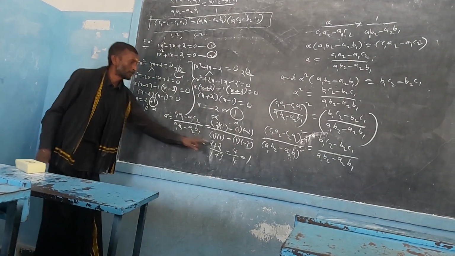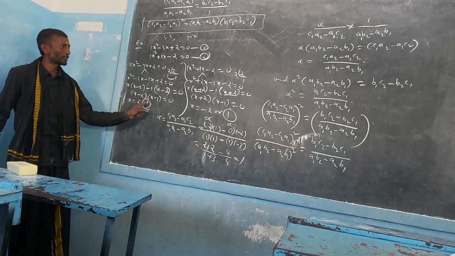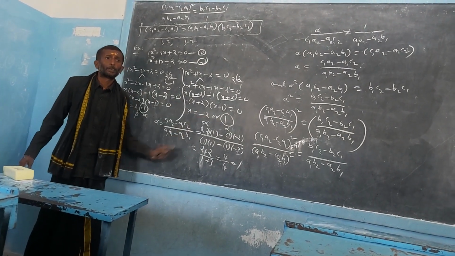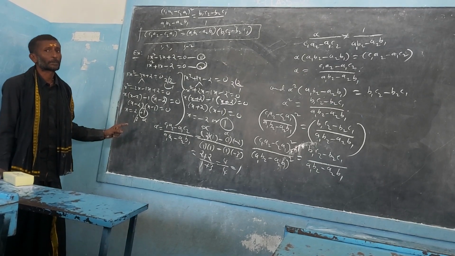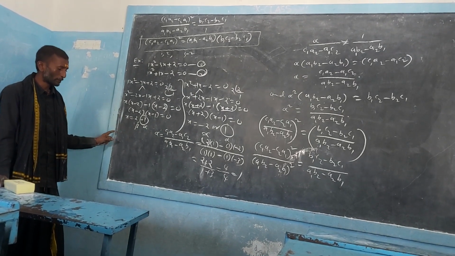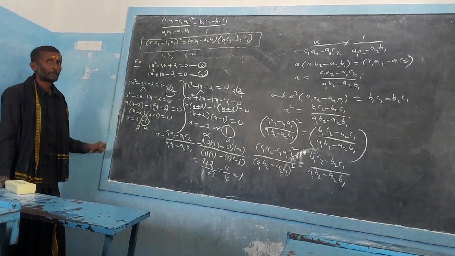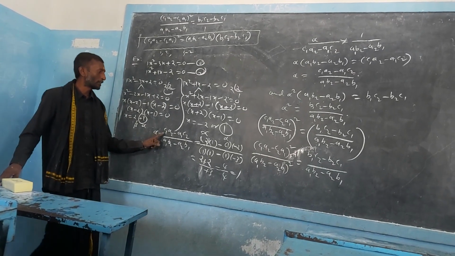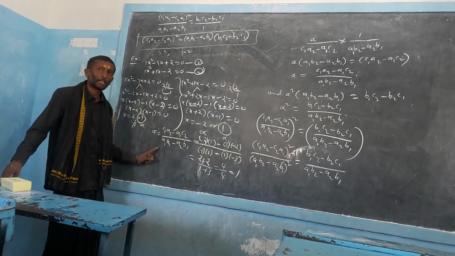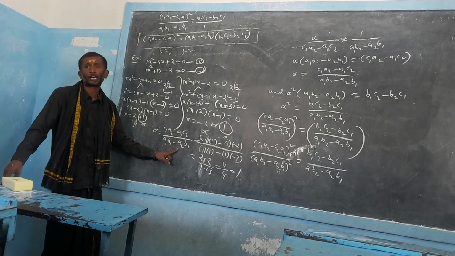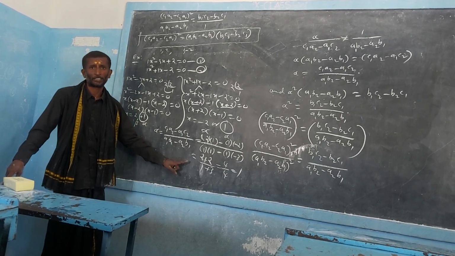Right. So we got alpha as 1. So it is verified that alpha is 1 by solving both the equations also. So to find the common root of the given quadratics, we can use the formula (C1A2 − A1C2) by (A1B2 − A2B1). That is the common root of both the quadratic equations.